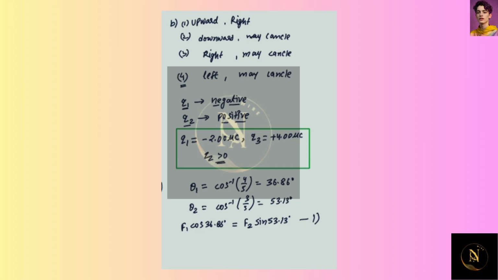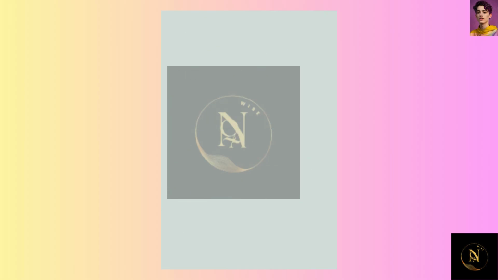Now the force F1 can be written as F1 equals K Q1 Q3 divided by R13 squared. Substituting values, we get 9 into 10 to the power 9, multiplied by Q1 which is 2 into 10 to the power minus 6, and Q3 which is 4 into 10 to the power minus 6. We consider magnitudes only, and R13 is 0.04 squared.